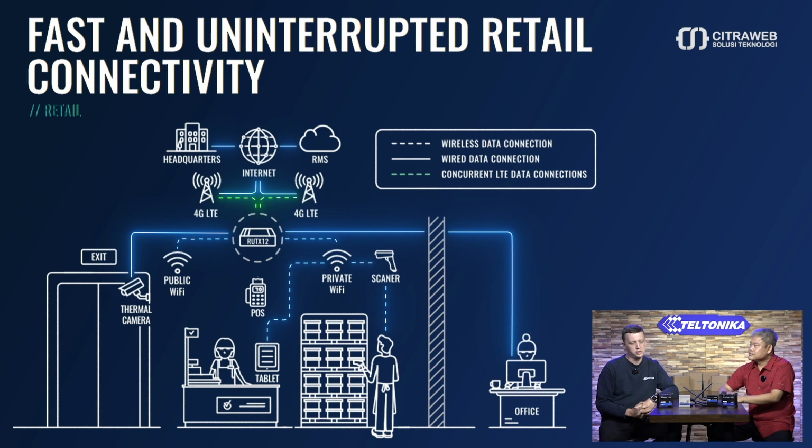Also I want to mention that our routers can create an access point for sharing Wi-Fi with customers, and the minimum number of people who can be connected to our routers is 50. If we're talking about our X series, it's more than 100. So 100 people can be connected to one router.